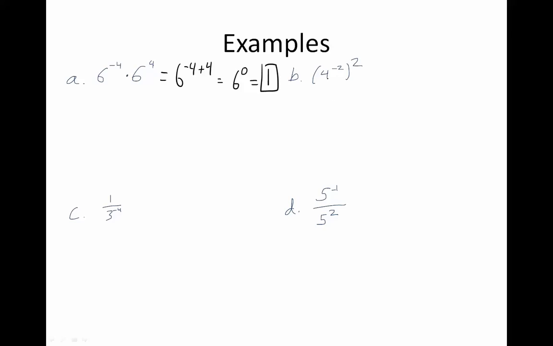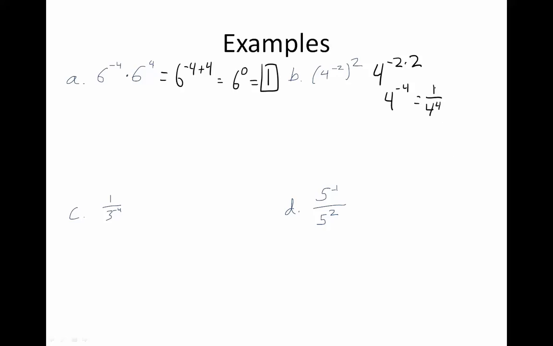For b, we have 4 to the -2 squared. My power rule says that this is 4 to the -2 times 2. Multiplying these exponents gives me 4 to the negative 4. And when I go to simplify this, I remember that negative exponents create reciprocals, and so I flip it, and the power becomes positive.